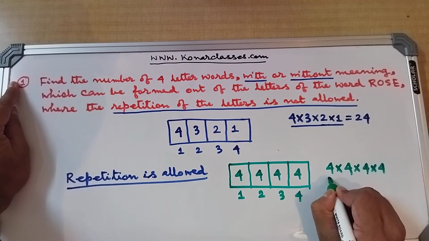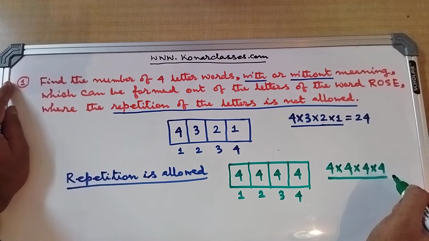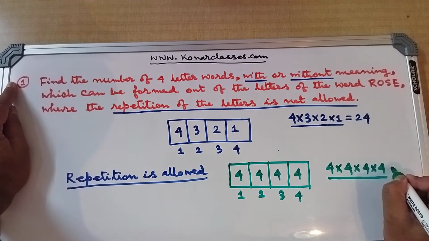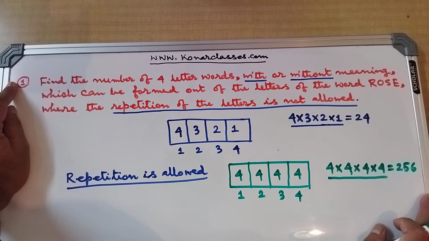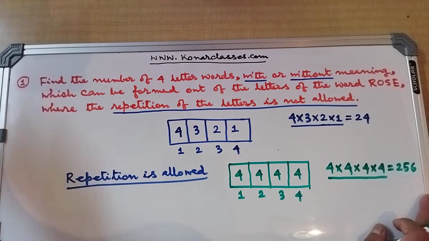So 4 into 4 into 4 into 4 is equal to 256. These are the different ways the letters of the word ROSE can be formed with or without meaning when repetition is allowed. I hope you got a very clear understanding while I solved this problem.